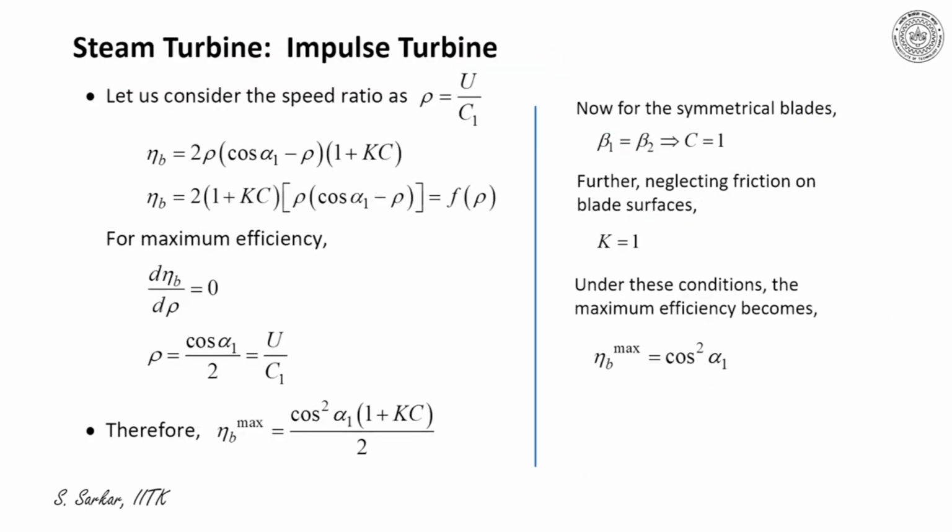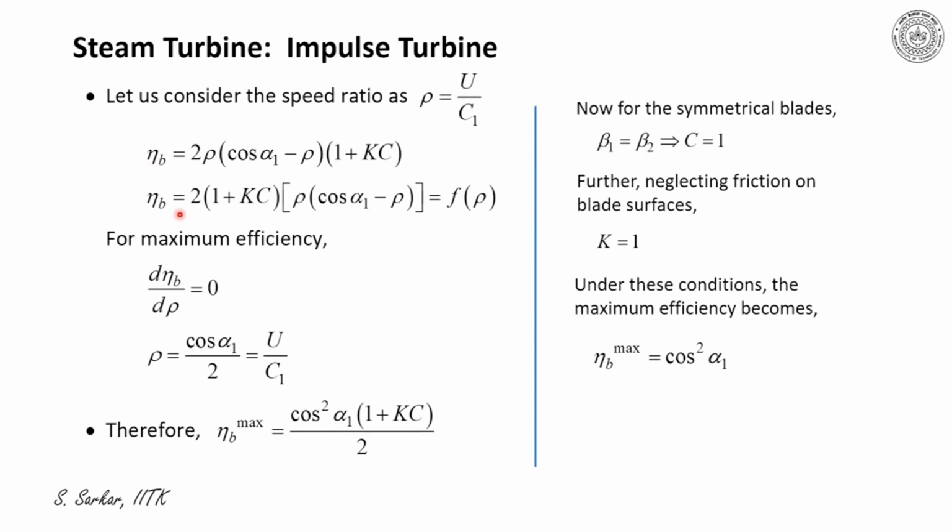Let us consider now the speed ratio rho equal to U by C1, where U is the blade speed and C1 is the velocity of jet coming from the nozzle. Thus, eta B can be expressed in terms of rho as twice rho within bracket (cos alpha 1 minus rho) within the bracket (1 plus KC).